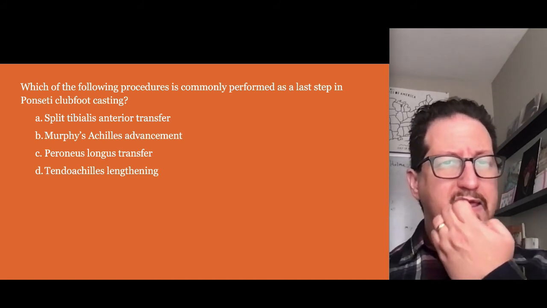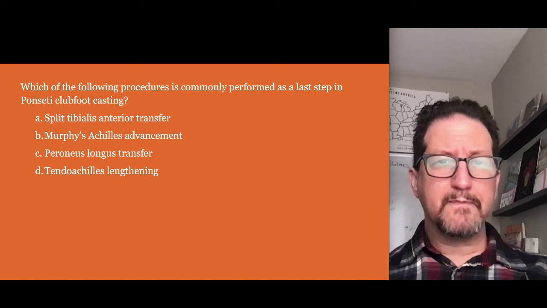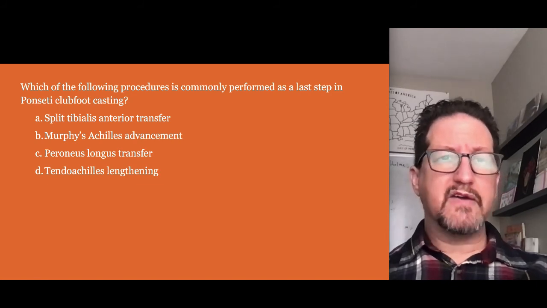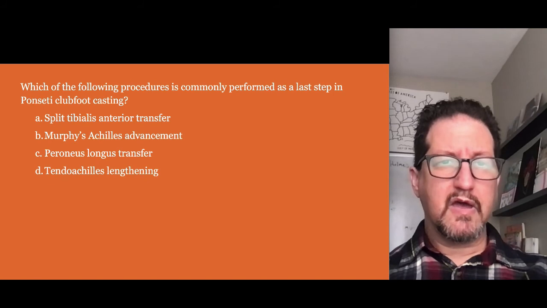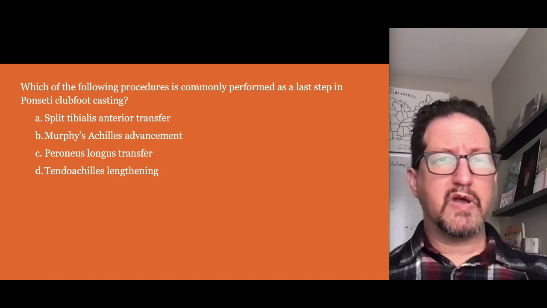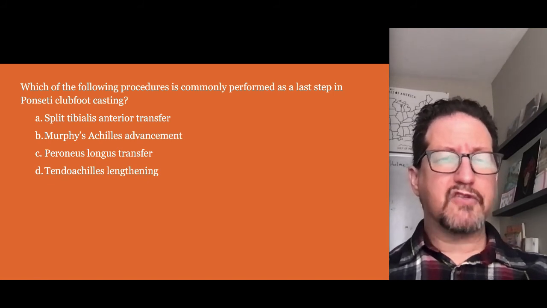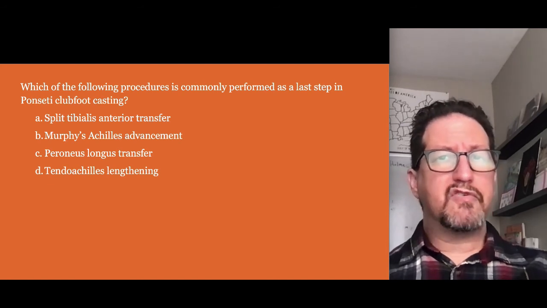If the clubfoot casting failed, or more commonly, if the family was not compliant with maintaining the correction by bracing, then the child will start to invert and adduct again. And so they'll do a split tibialis anterior transfer to help that. So obviously that's not a last step.